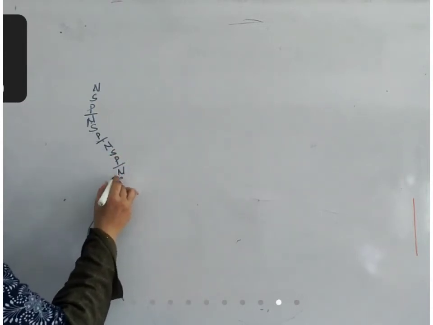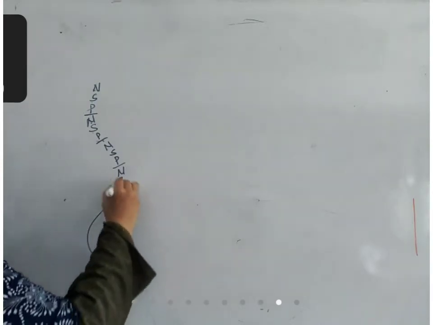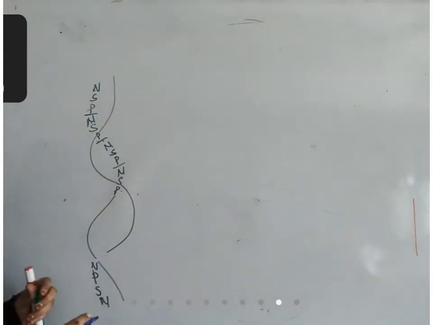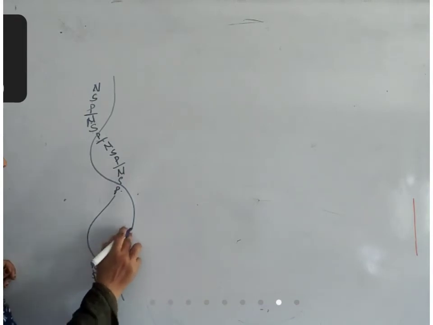Nitrogen base, sugar molecule, phosphate. If it is running like this, the second strand, which is running anti-parallel to this one, will start from here. Nitrogen base, sugar molecule, phosphate. Nitrogen base, sugar molecule, phosphate.